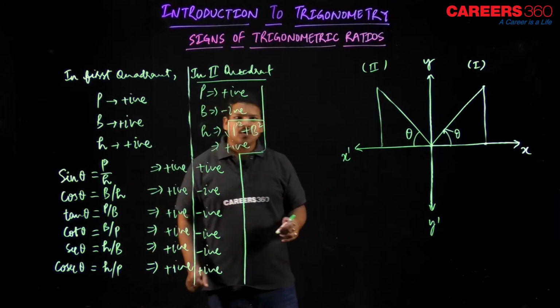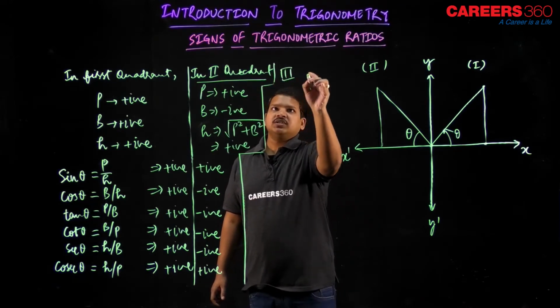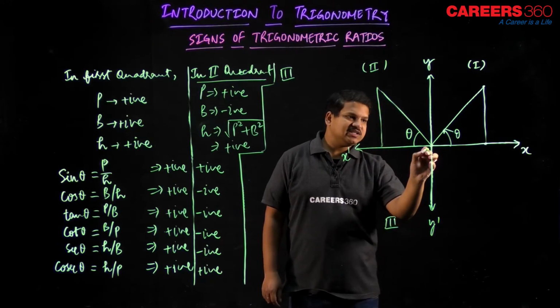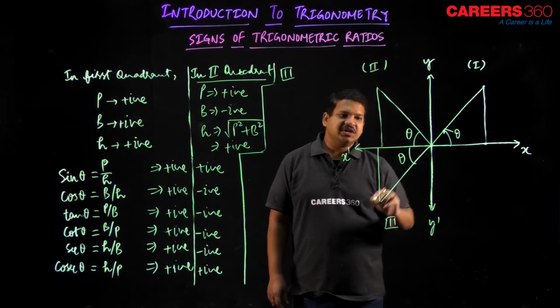Now proceeding forward to the third quadrant. Let's say there is a triangle somewhat like this, and I am talking about this theta right over here.